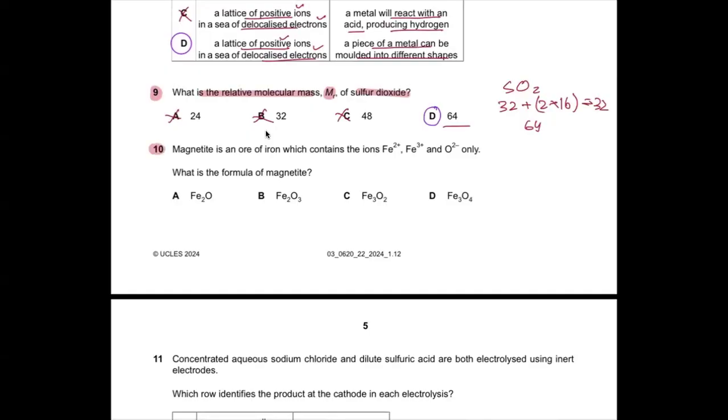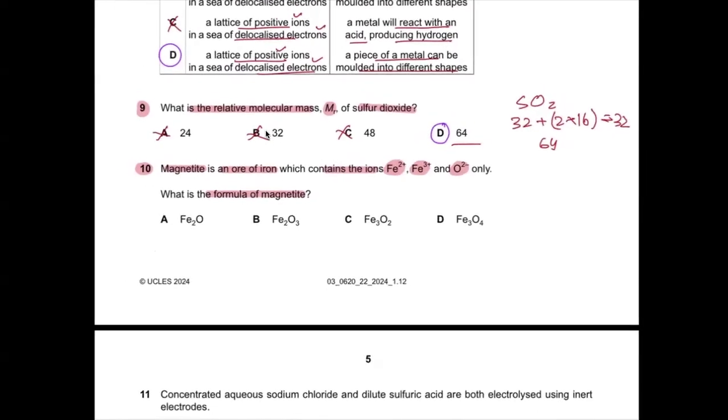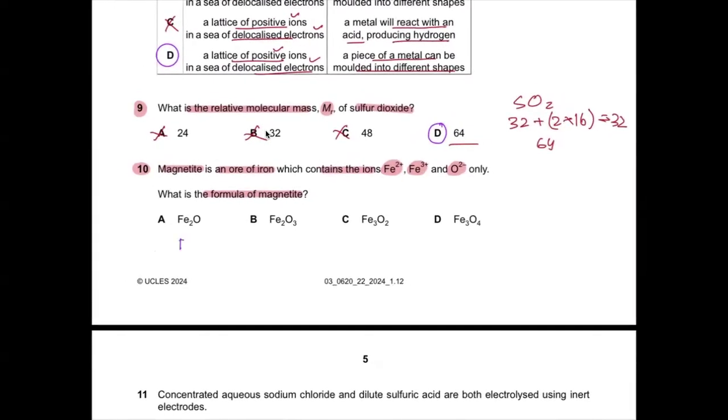Now, MCQ number 10. Magnetite is an ore of iron which contains Fe2+, Fe3+, and O2- ions only. What is the formula of magnetite? Okay. So, if it has 2 positive and 3 positive both, over here it's -2.